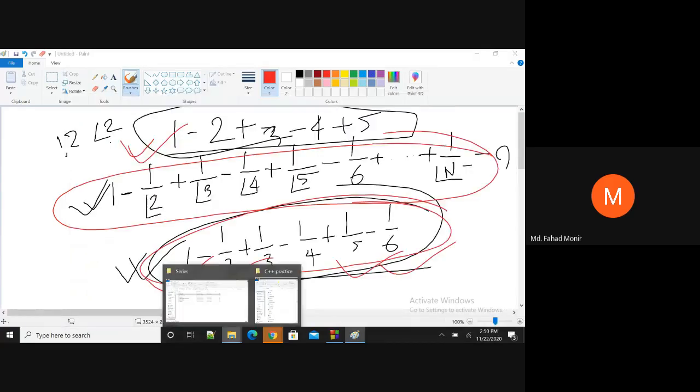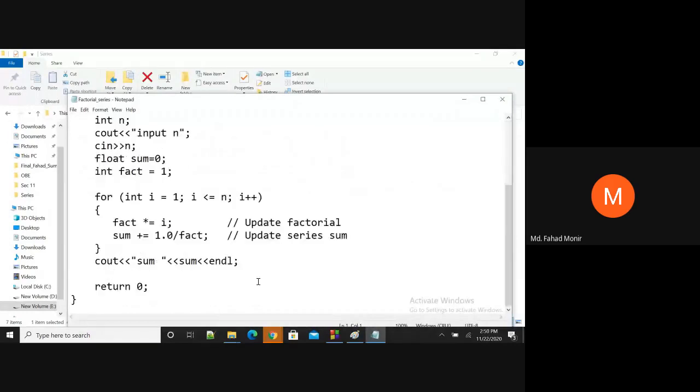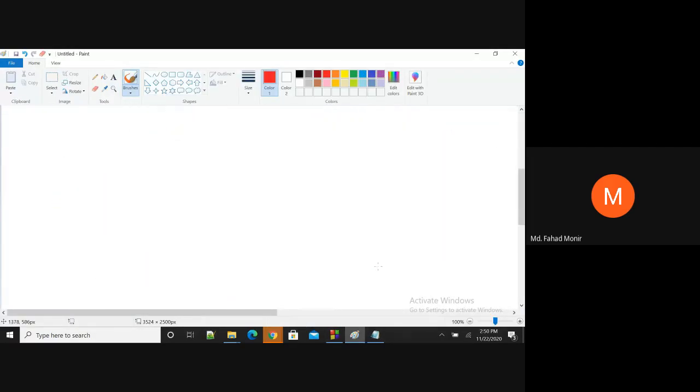Let us move to the next one. Here the factorial series, the example is given here. As I was telling you, 1 plus 1 over 2 plus 1 over 3 plus 1 over 4 plus 1 over 5 is given. Not all problems will be solved for you, right?